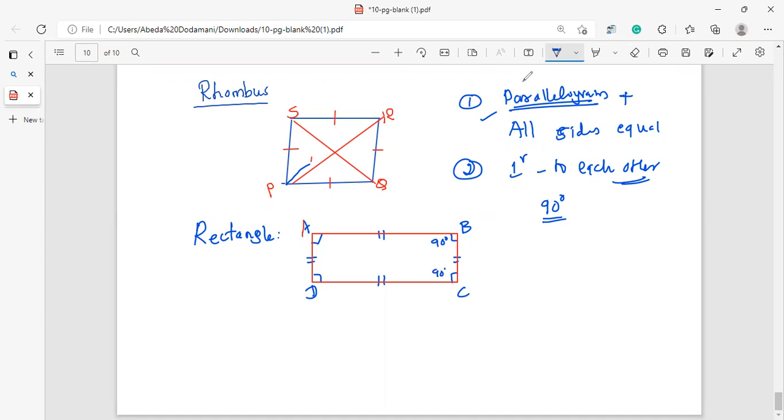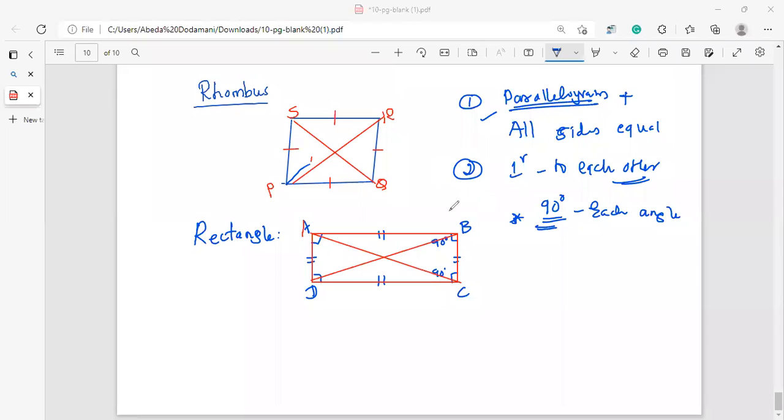It also follows all the properties of a parallelogram, as we discussed. Along with that, the important property is that each angle is equal to 90 degrees. Also, if I draw the diagonals as usual, you can observe that the diagonals AC and BD are equal.